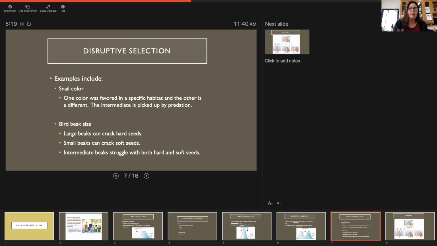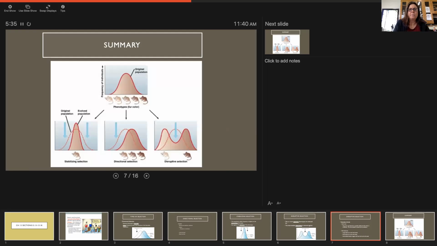So again, we're selecting for the large or small. The medium beak sizes don't do so well. And without being able to utilize their food, they have less food, they have less energy, they're not able to feed their young as well, and so they are selected against.